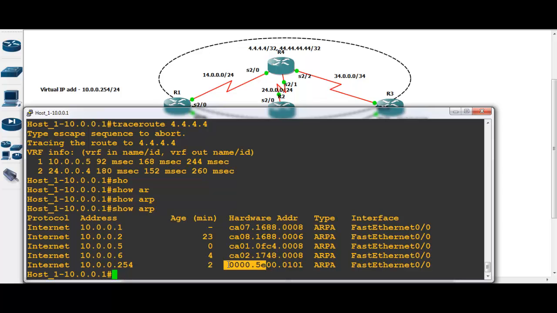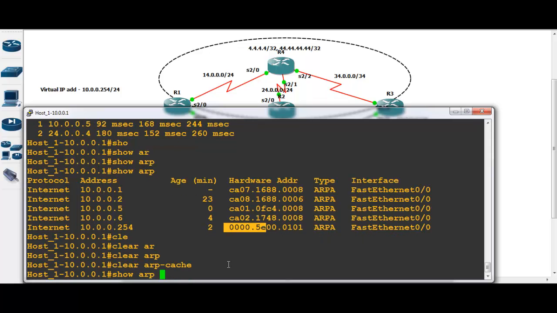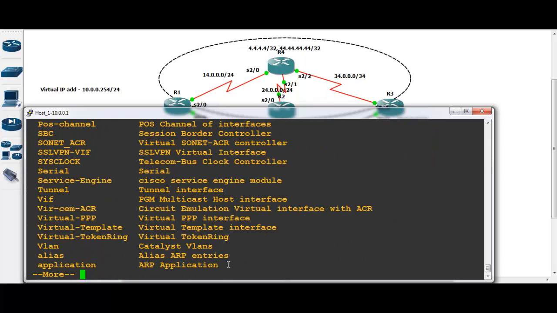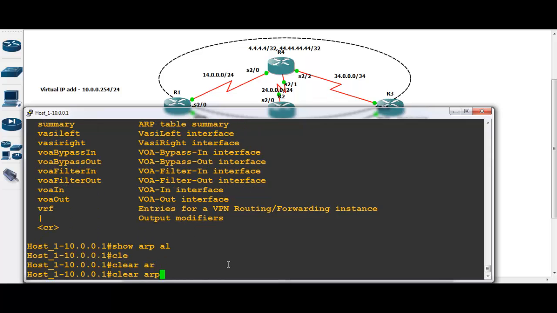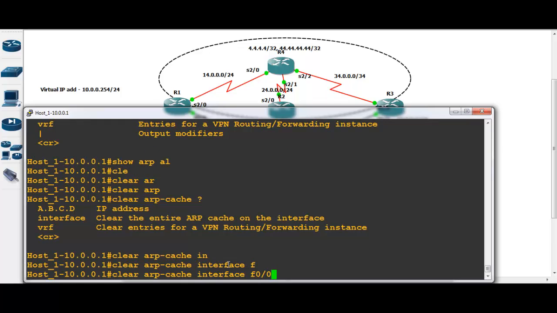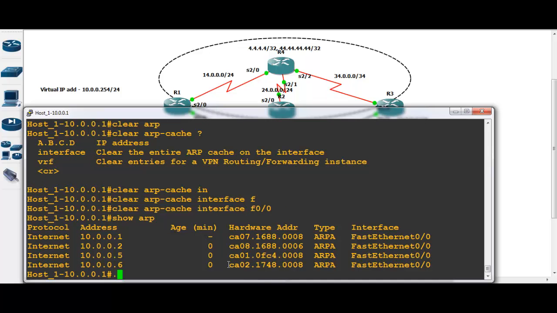But if I say clear ARP, so now nothing is there. Oh my god, it's still there. Sorry, not show ARP, clear ARP. Clear ARP on interface FastEthernet 0/0. Show ARP. Okay, now it is gone.